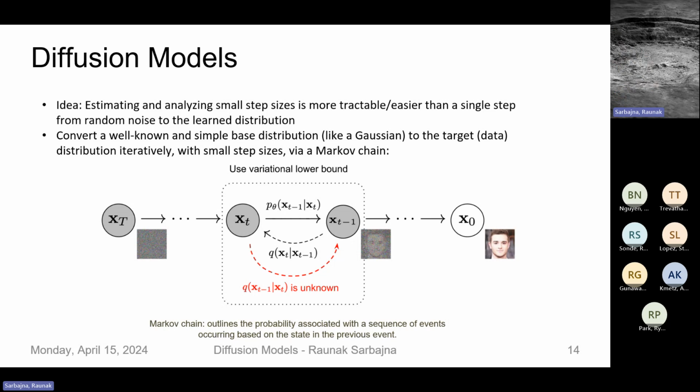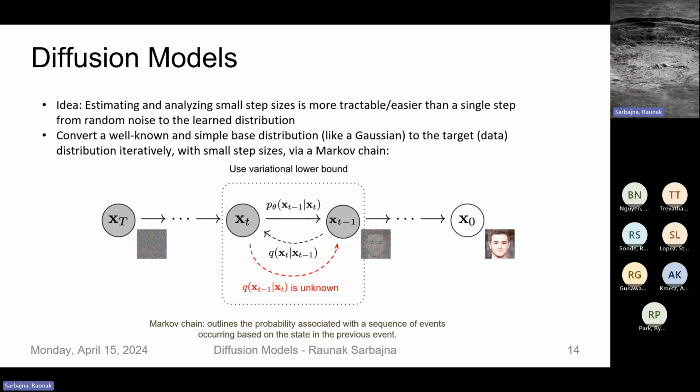So we try to approximate it using P of theta, where this P function is parameterized by this theta parameter. In a real diffusion model that is usually a U-Net or some version of a U-Net, but there are other possible models, right? So what diffusion models do is convert a simple base distribution like Gaussian noise to the target iteratively, step by step via a Markov chain, where the probability associated with the sequence of events depends on the state in the previous event.